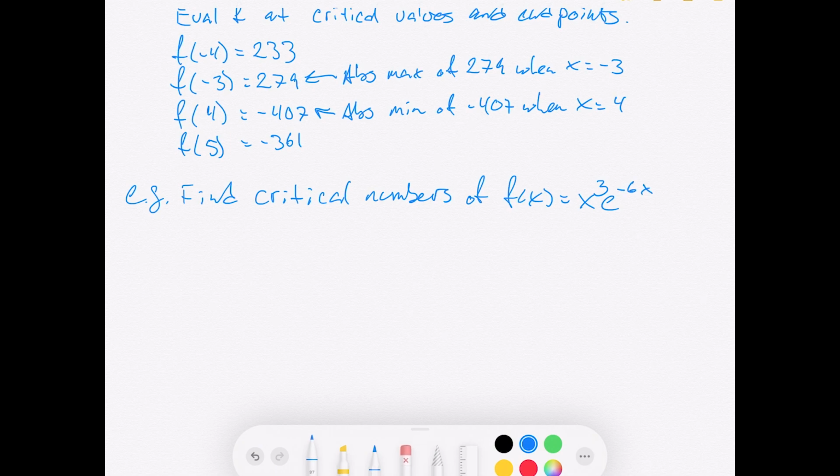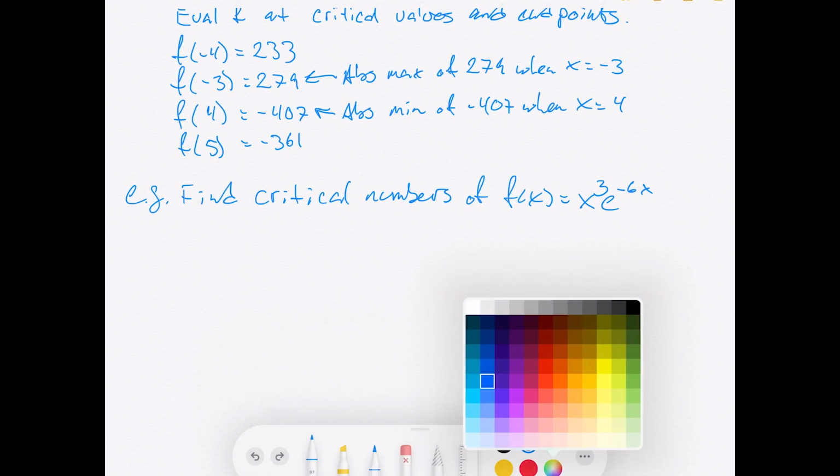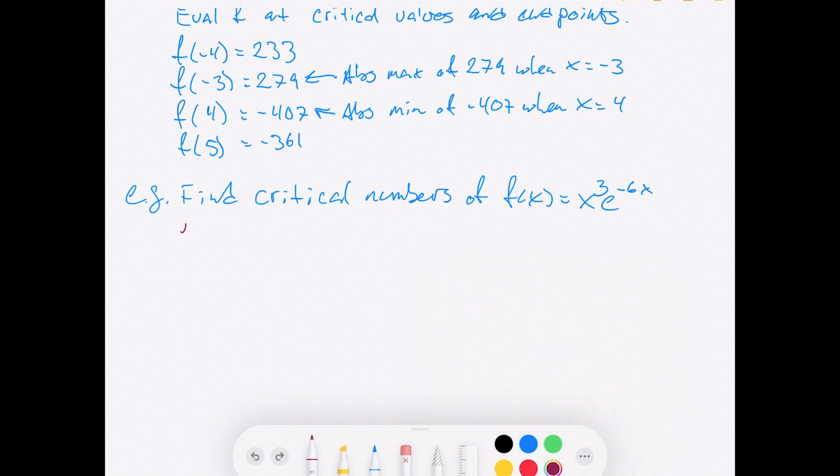In order to determine that, we need to take the first derivative. So let's change colors. F prime of x equals. We're going to use the product rule and the chain rule here.